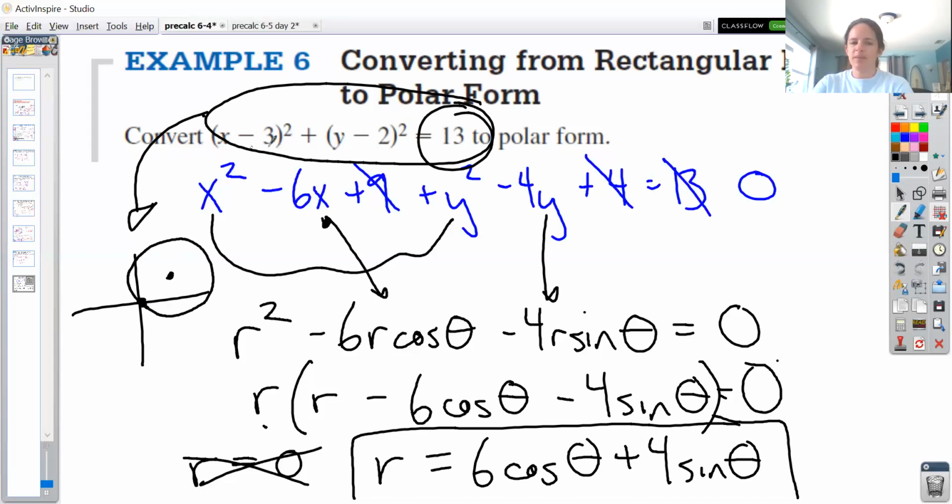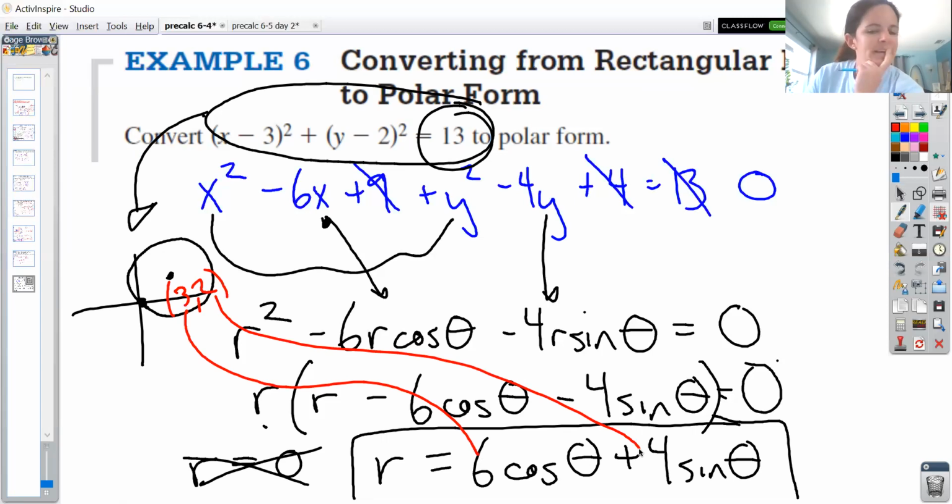And you can also make some parallels or some conjectures, some connections between the fact that the center here is (3, 2), and how are 3 and 6 and 2 and 4 related? I don't know. You might be able to make a conjecture there.